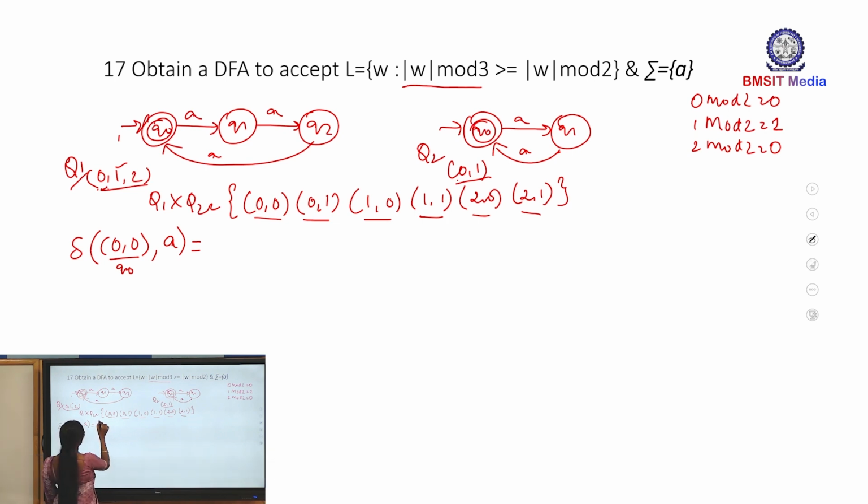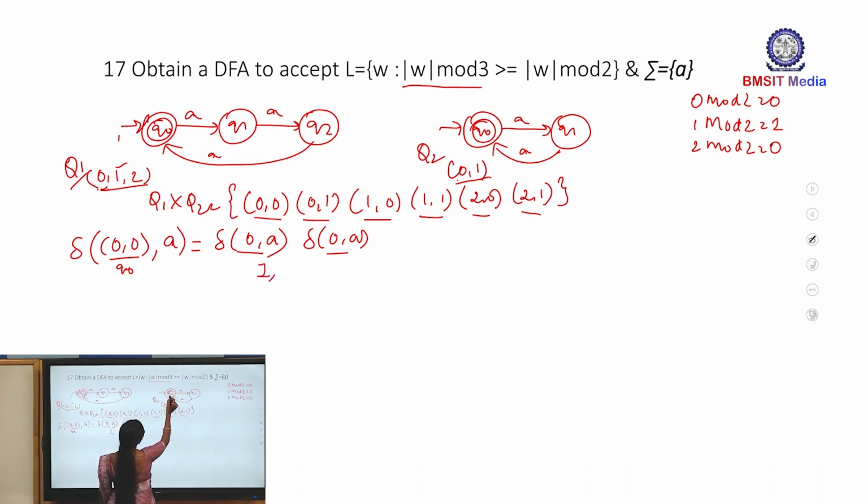It's the same as writing delta of 0, A and delta of 0, A. The first is for mod 3 and the second is for mod 2. Q0 on seeing A goes to Q1, so I get 1 here, and here also Q0 on seeing A goes to the state Q1.